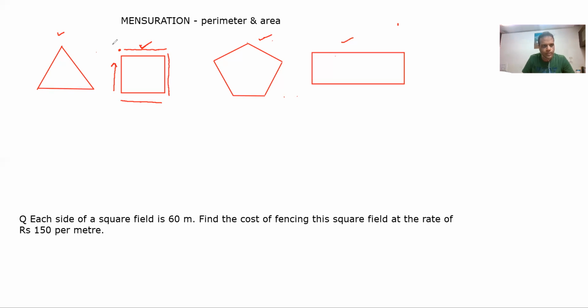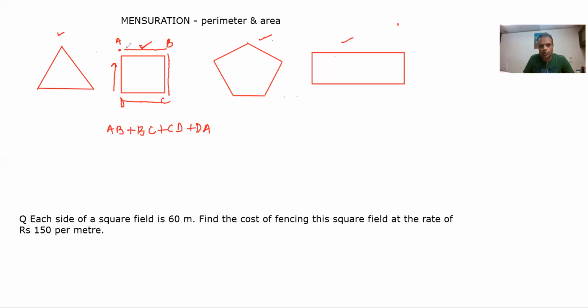So how will you do that? Suppose this square ground is named A, B, C, and D. You will measure AB, then BC, then CD, and finally DA. And then you add them all.